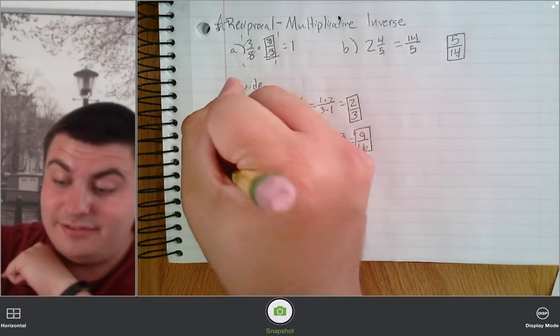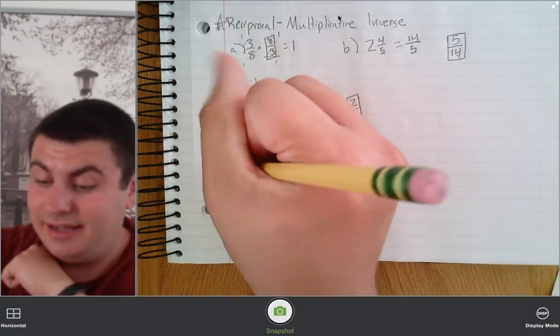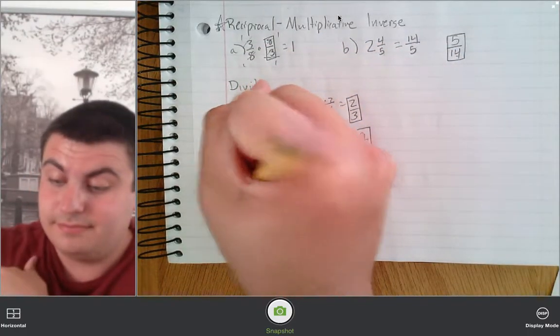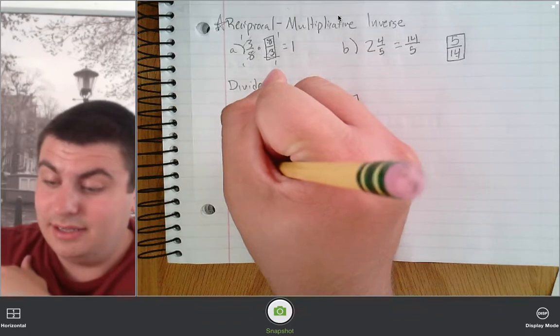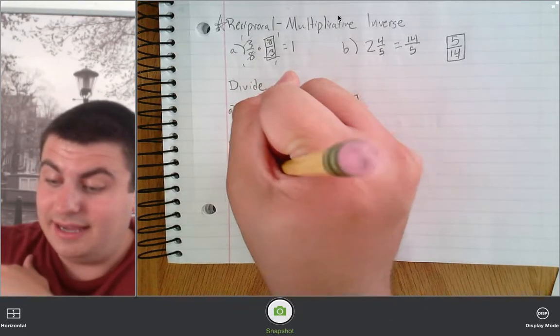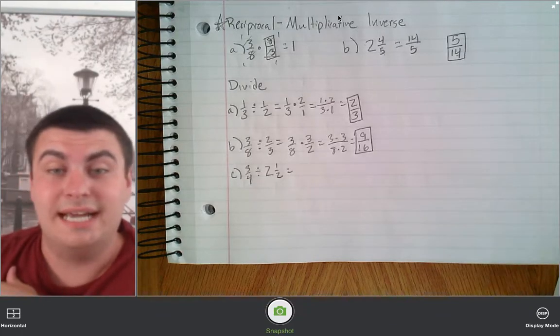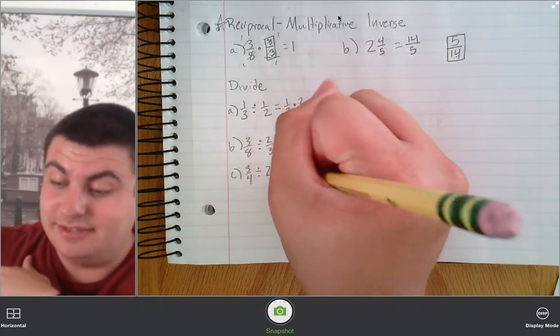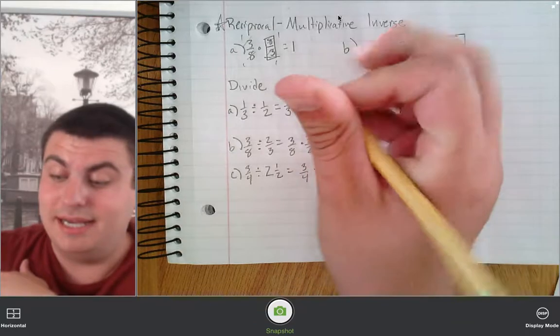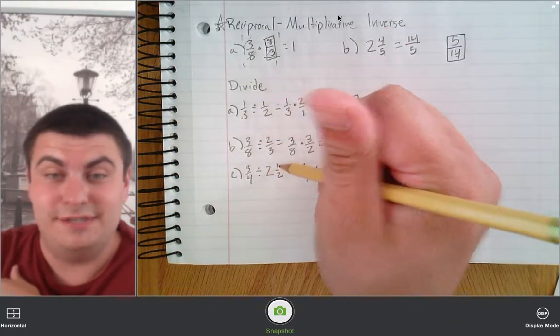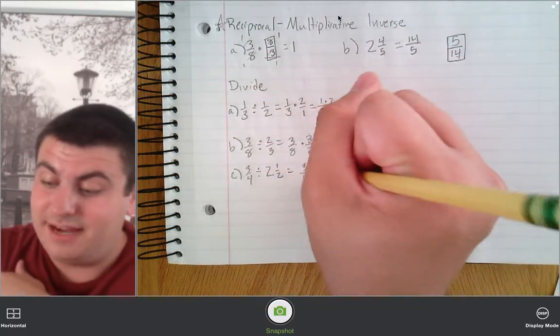We may have a decimal or mixed number in there, so if we have 3/4 divided by 2.5, I'm first going to rewrite this as 3/4 divided by, so let's see, 2 times 2 is 4, plus 1 is 5, so 5/2.